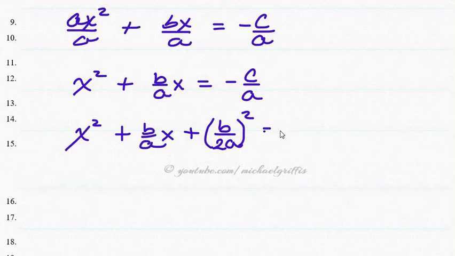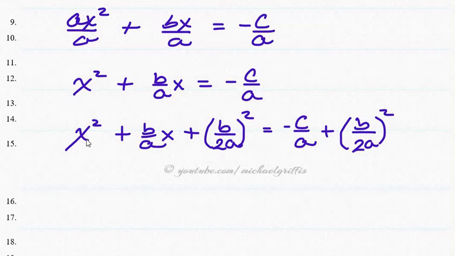Go ahead and rewrite negative C over A. So we're just adding B over 2A, quantity squared, to both sides.